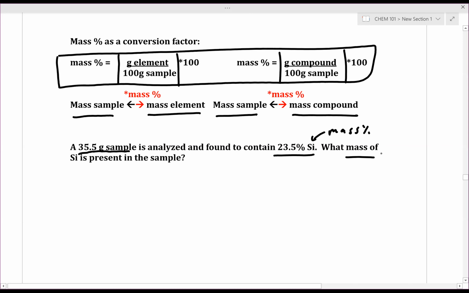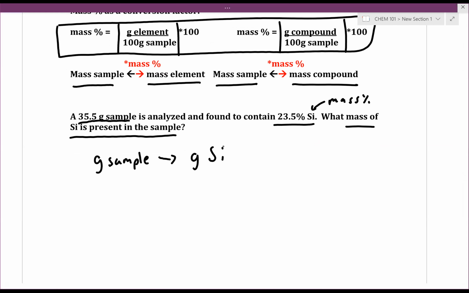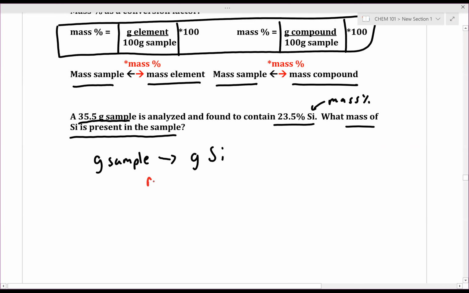Okay, we're next asked what mass of silicon is present in the sample. So we want to go from the grams of our sample, and in the end, we want to end up with the grams of silicon found in our sample. So to accomplish this, we're going to utilize our mass percentage as a conversion factor.